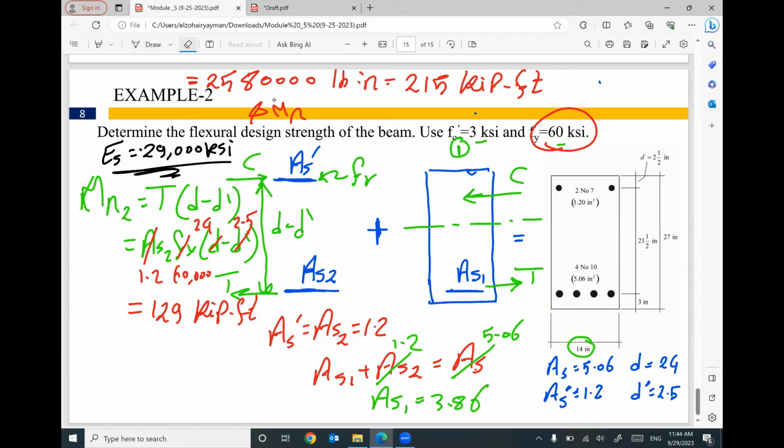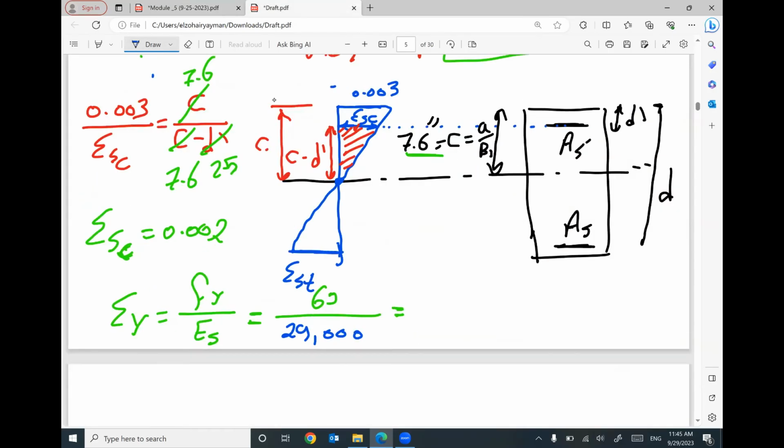Let me assume it is 32. We are using a type of steel with E steel equal 32, not 29. I'm sorry. If this information is not given, you have to use 30,000. But right now, 60 divided by 30,000, I got 0.0018.